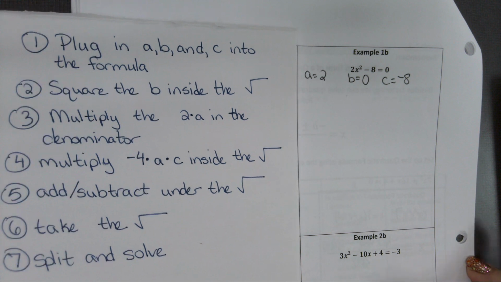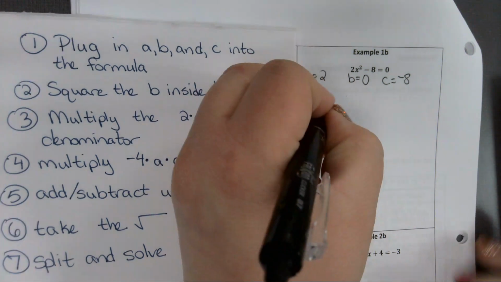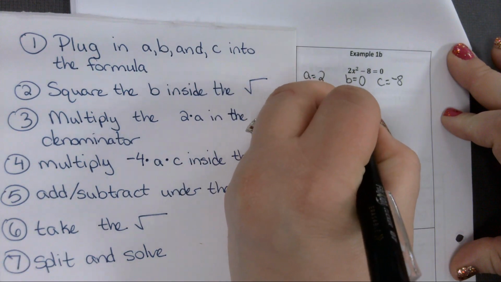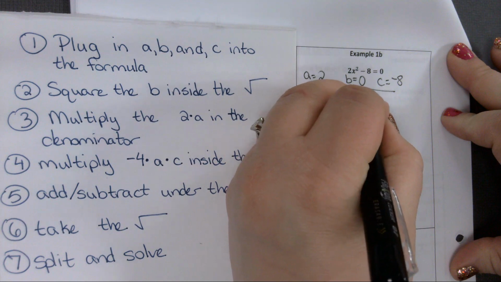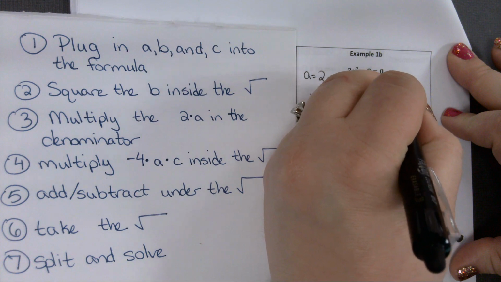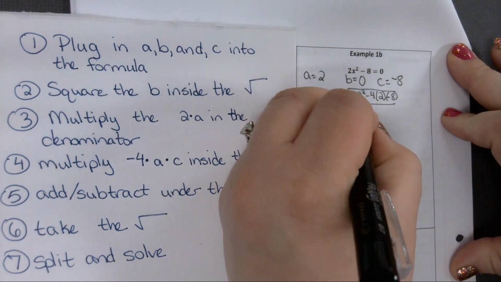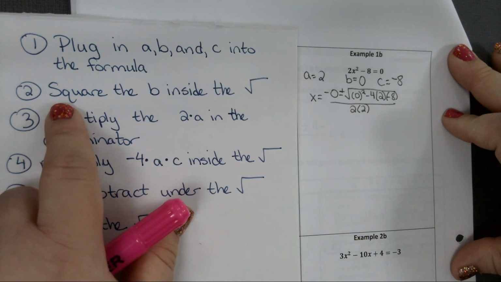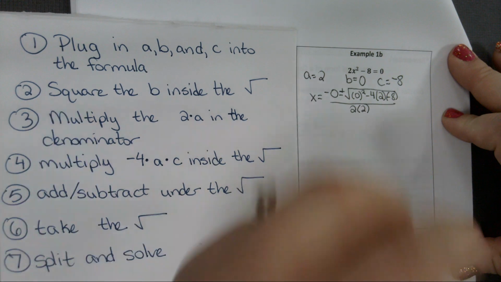So my formula, x equals -b plus or minus square root b squared minus 4ac all over 2a. Step 1 in solving is complete. Step 2 is to square the b inside of the square root.